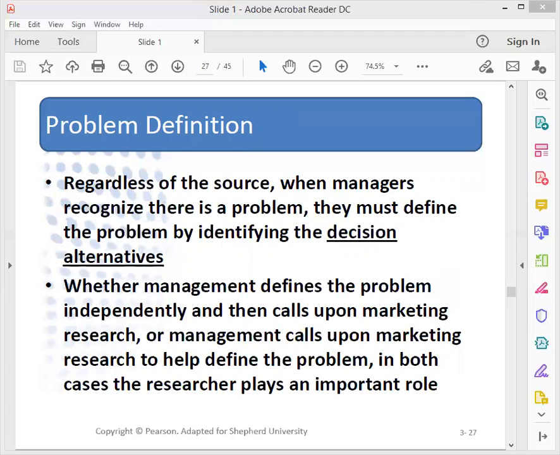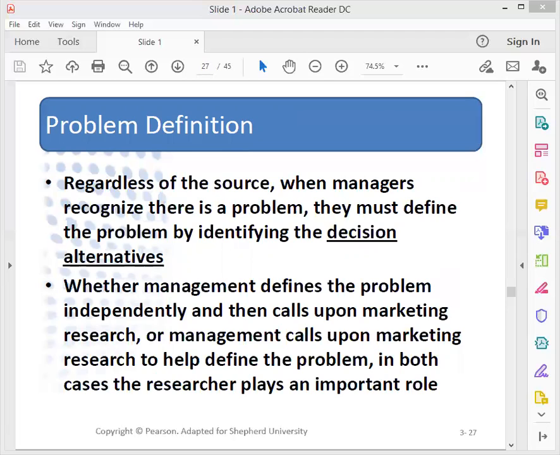Researchers must resist the temptation to accept the first definition of the problem suggested by management. They should take time to conduct their own investigation and to develop and consider alternative definitions of the problem.